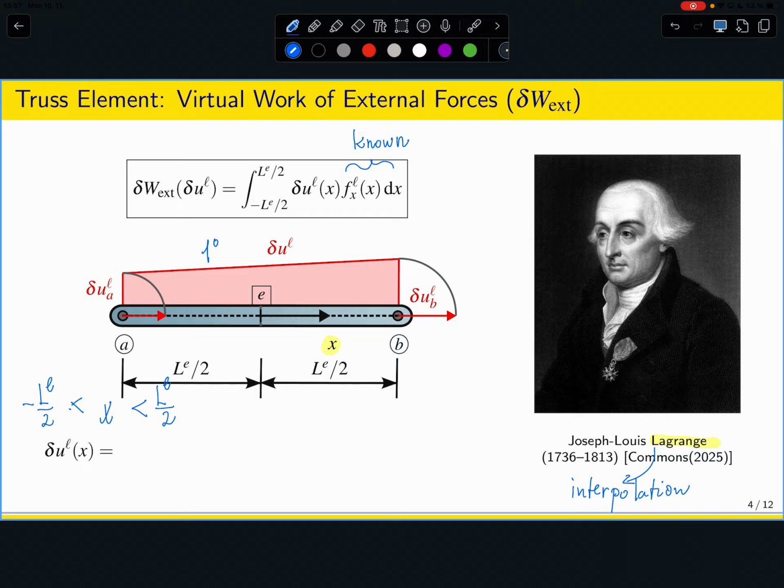And the procedure is not super complicated. So if I'm at the left, then this x coordinate is minus LE over 2, which means that I'm here. And the other value corresponds to x equal to LE over 2.